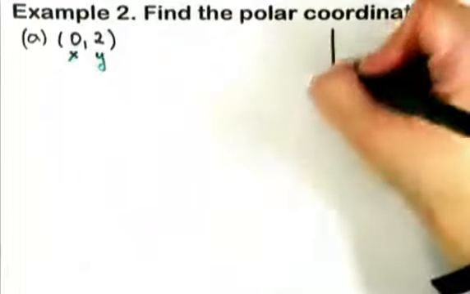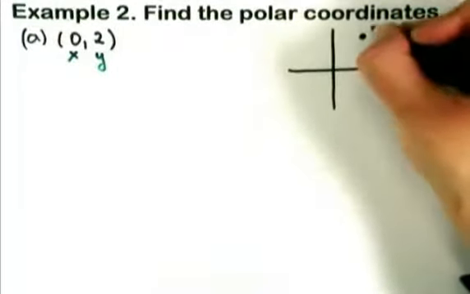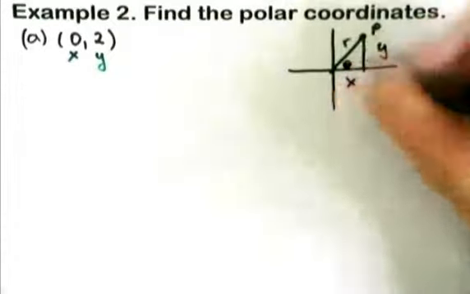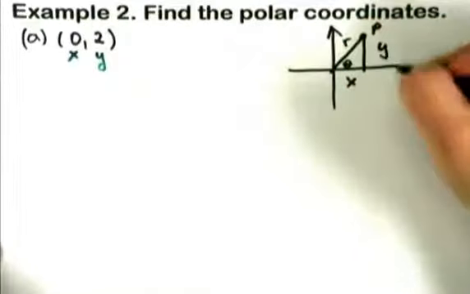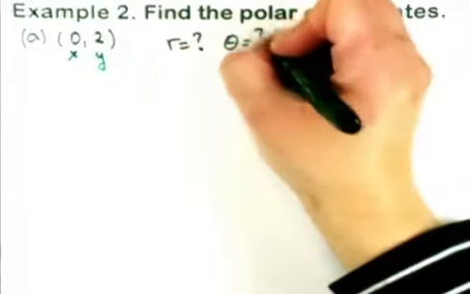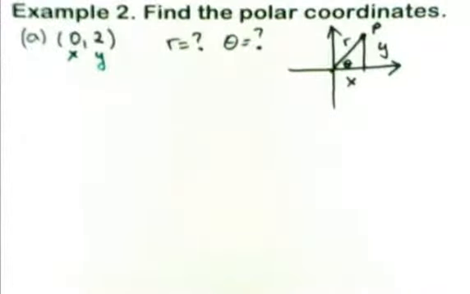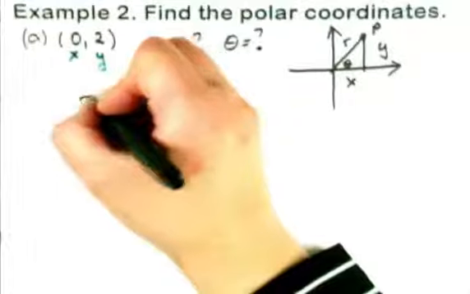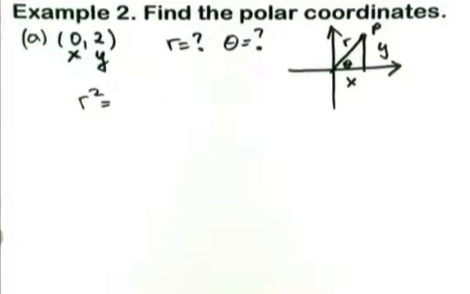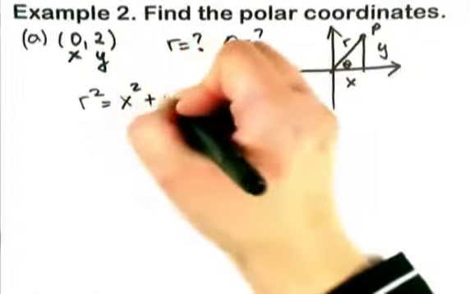We can always draw this, that here's my point P, and this point has x, y, and r, and here's my theta. So now I need to find r and theta. We are looking for r and we are looking for theta to have the polar representation. So r squared is equal to x squared plus y squared.